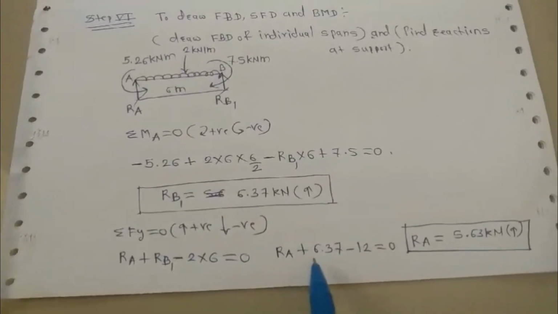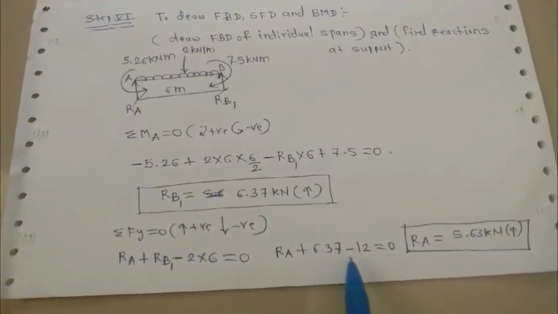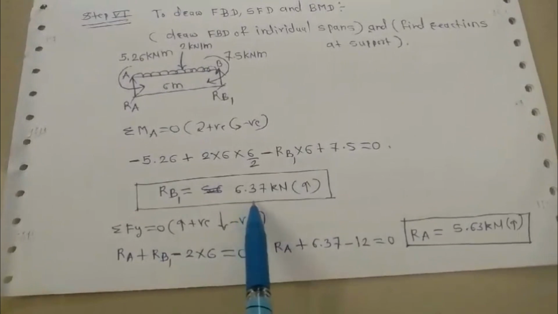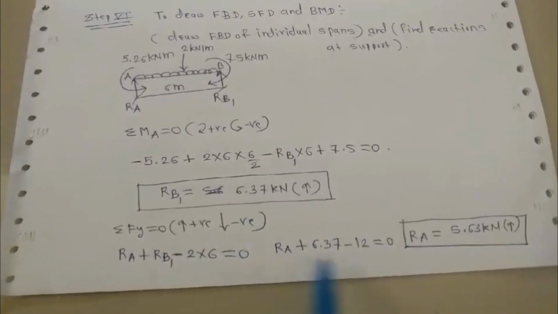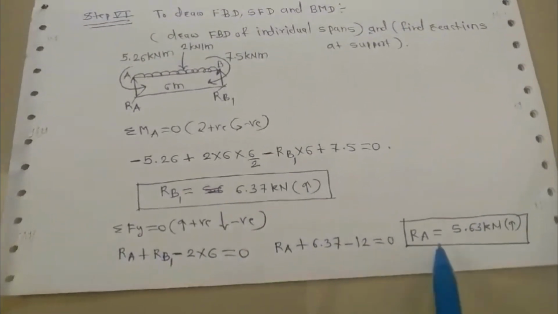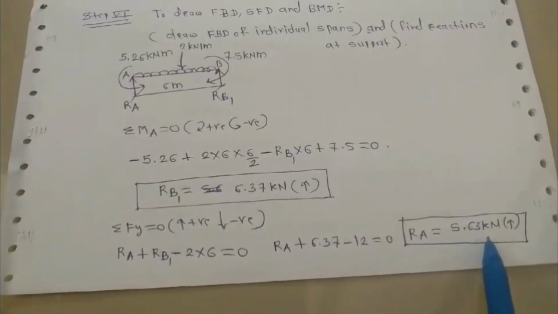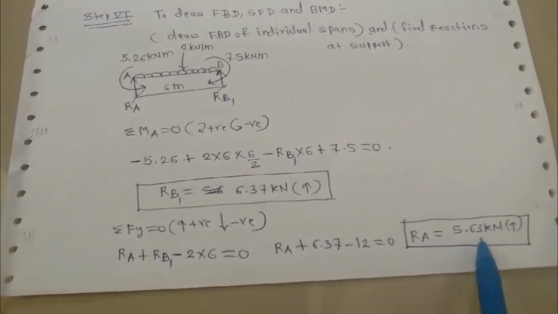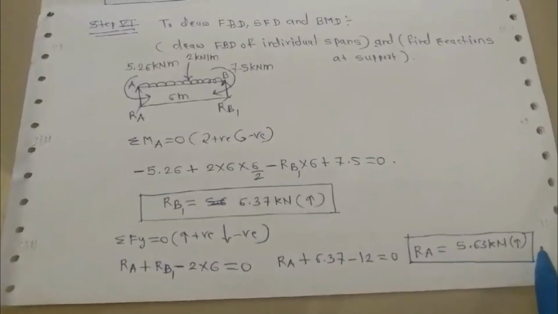So RA plus 6.37, RB1 we have already calculated, minus 12. So you will get RA is equal to 5.63 kilonewton. The answer is positive, hence the assumed direction is correct.